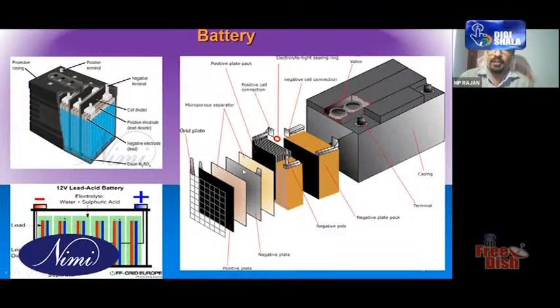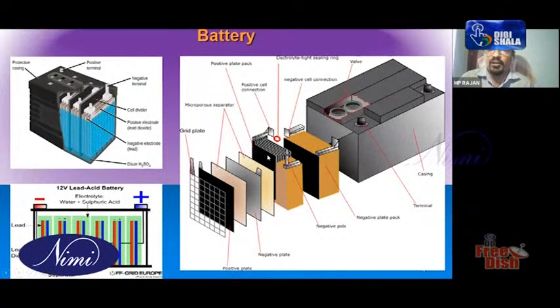Positive and negative plates should not touch, in order to avoid short circuiting. So the arrangement is like this: one positive plate, separator, then negative plate, separator, and again positive plate, and it goes on like this. In a single cell, there are sometimes 7 or 8 positive plates and 7 or 8 negative plates, with the separators.